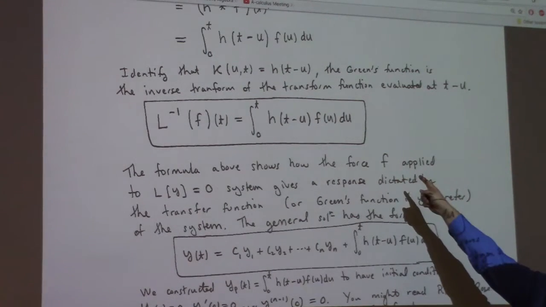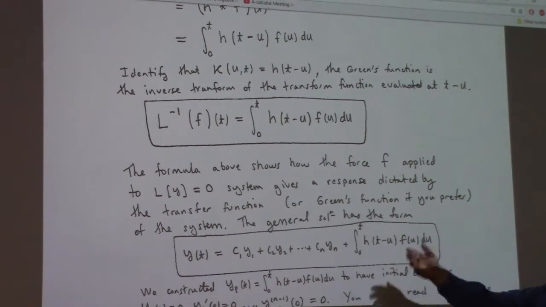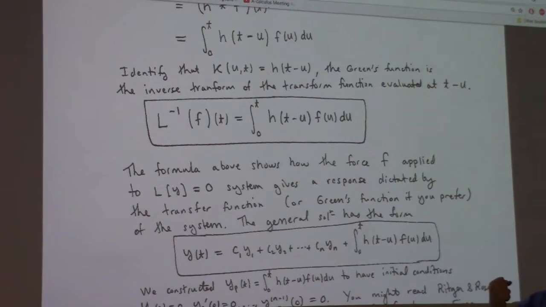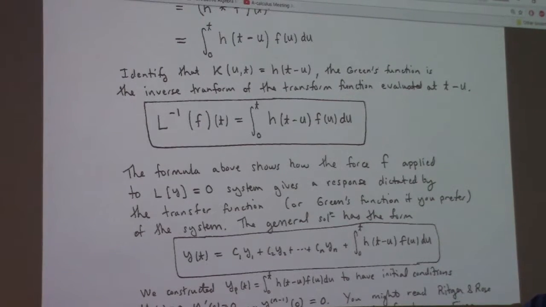So by construction, the convolution of the transfer function with the force, that thing I was just describing, gives you the particular solution such that the homogeneous solution is 0. Actually, I think it's more than that.